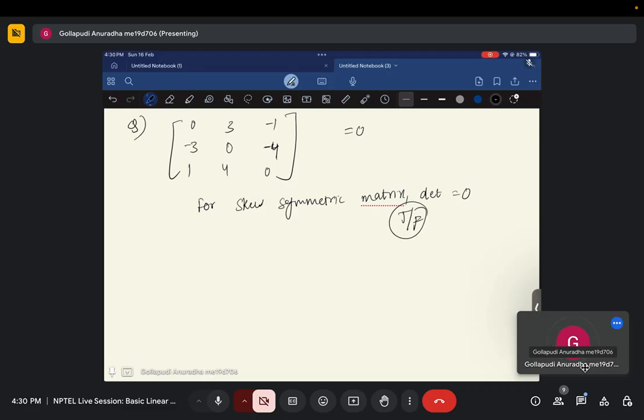Why? There are two cases in this, no? If it is odd order, then it is 0. But if it is even order, then it can have any value as a determinant.